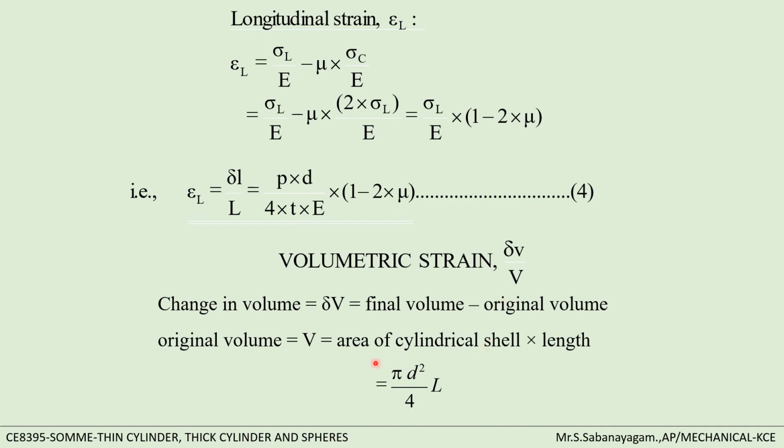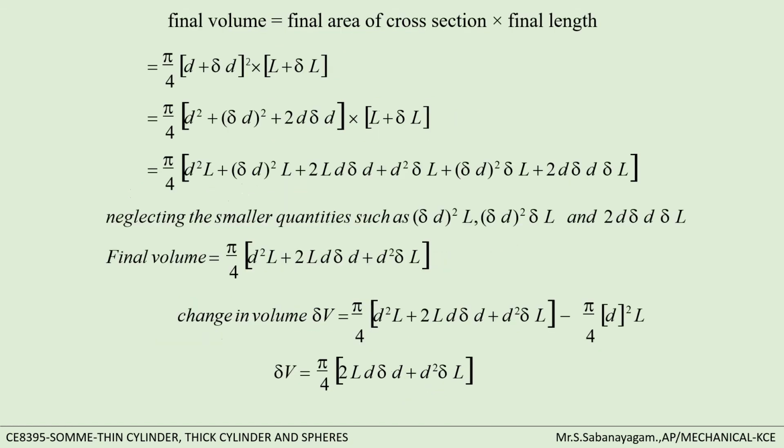So volume of the cylindrical shell is equal to area of the cylindrical shell into length of the cylindrical shell. So pi by 4 d square L will become the volume of the cylinder, that is original volume, and final volume is nothing but the extended length due to the stress induced in the cylinder and then strain. So the final volume will become final area of cross section into final length, that is pi by 4.